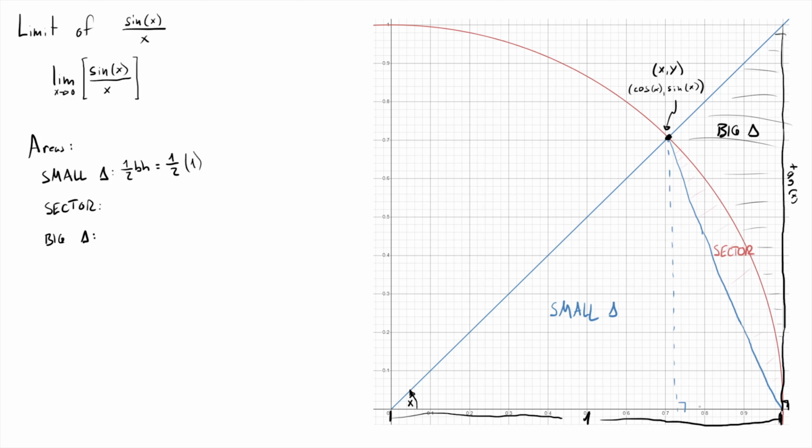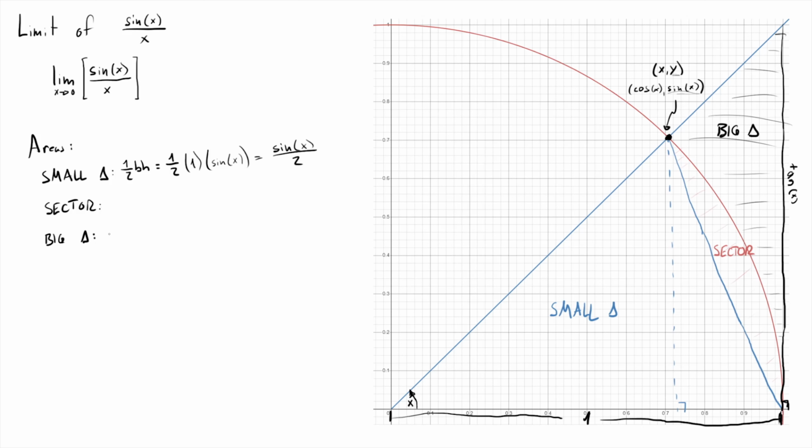And we ask ourselves, what is the height of this small triangle? Well, that height is going to go up to this coordinate. So what is that height? Well, that height is y, or as we discussed, it's sine x. Okay, so sine x. And now we can just simplify this to be sine x over 2.